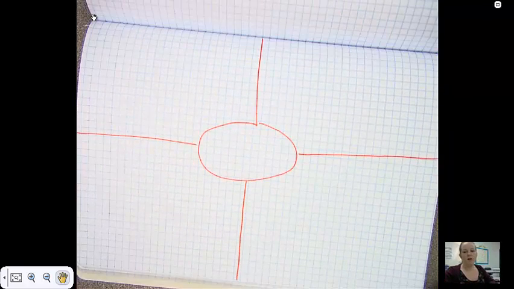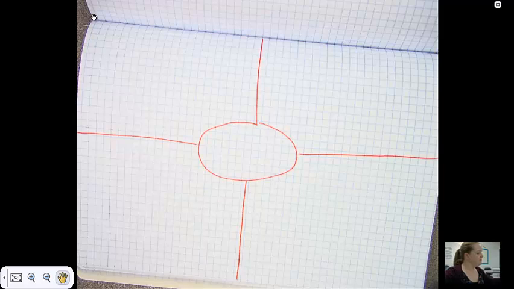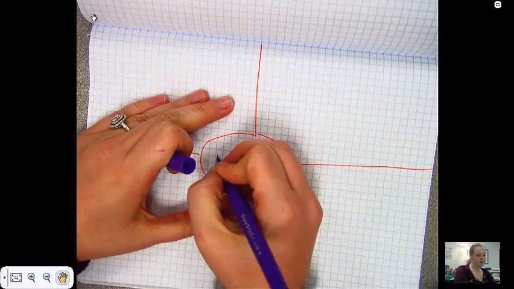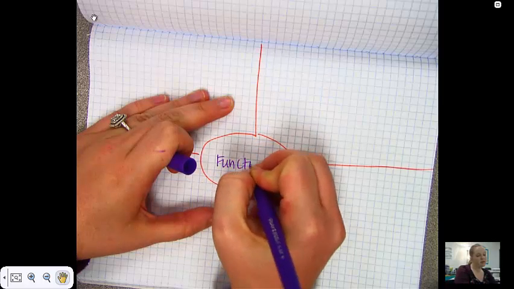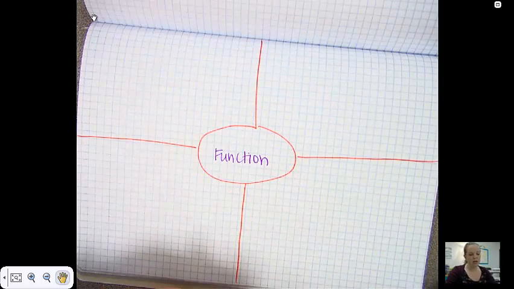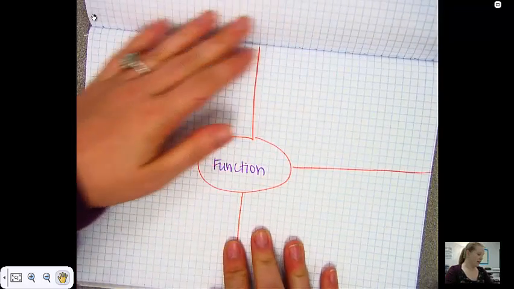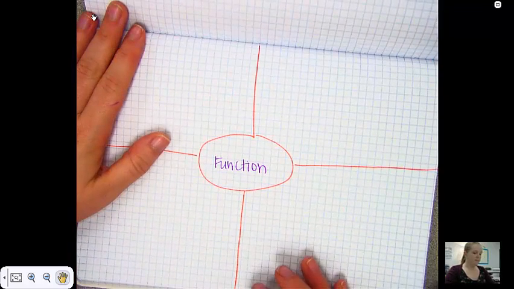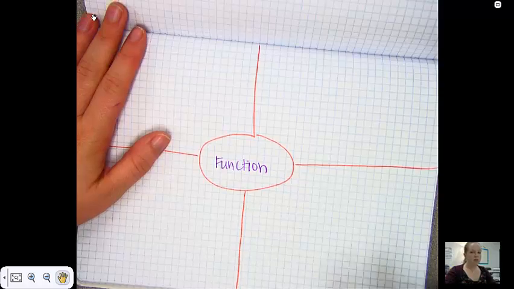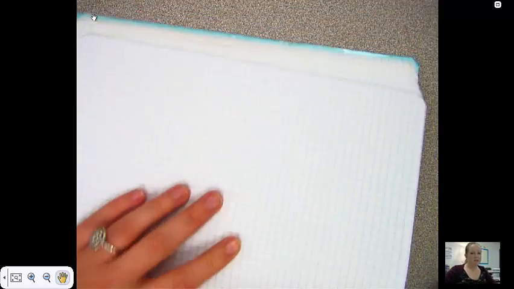Now, the word that we're going to define is the word function. A function is a special type of relation. So think about a box within a box. You don't have to draw this, I'm just trying to show you.